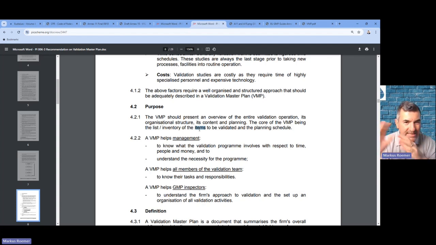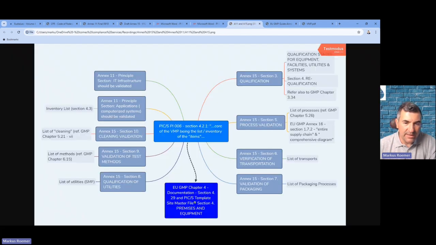There's not a one-size-fits-all approach. That's impossible. But I think that's a good point if you start to set up your validation objects, your items like this, and to have a clear understanding within the company that we need to have a list of our processes or sub-processes. You will massively profit from that.